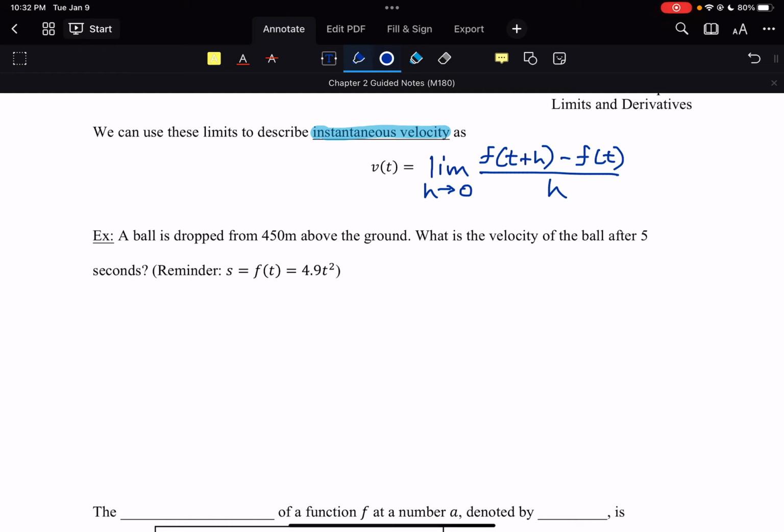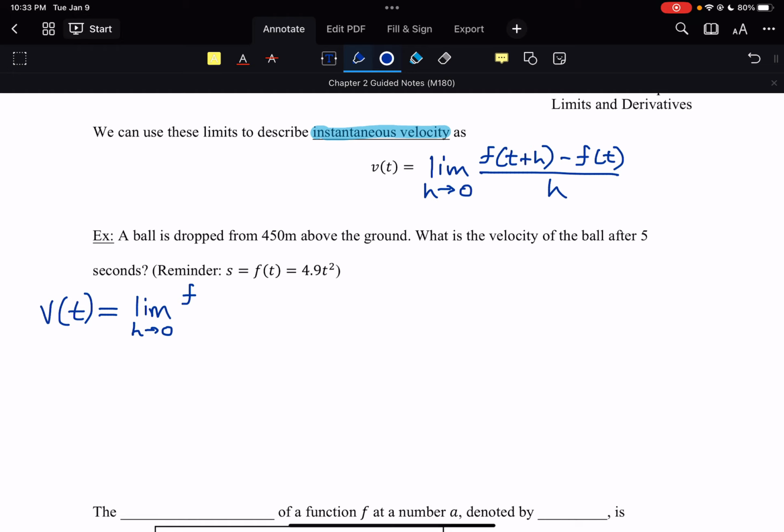And what we had to do before was take the intervals, from 5 seconds to 6 seconds, from 5 seconds to 5.1 seconds, and get approximations for the velocity after 5 seconds. Now that we have limits, we can find the velocity at that instant using our limit as h approaches 0.